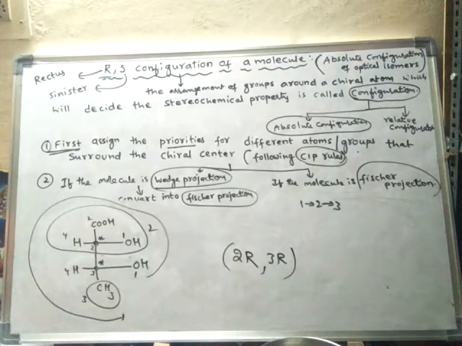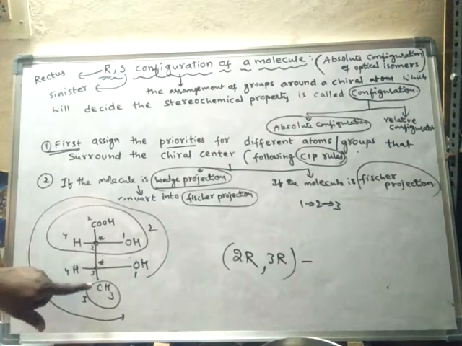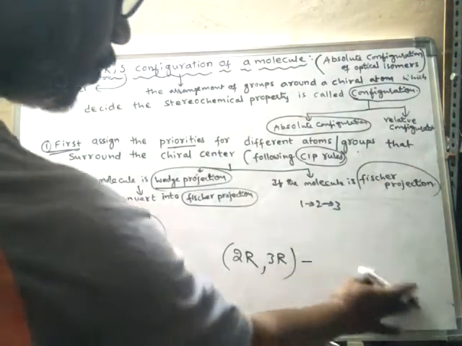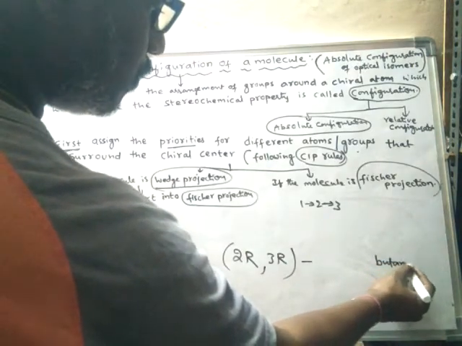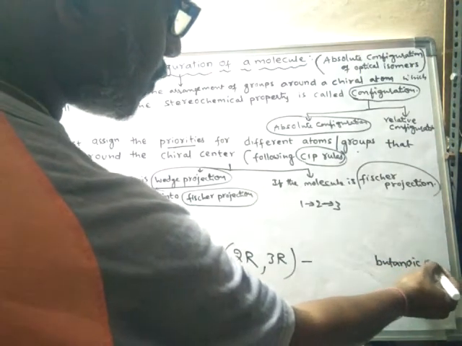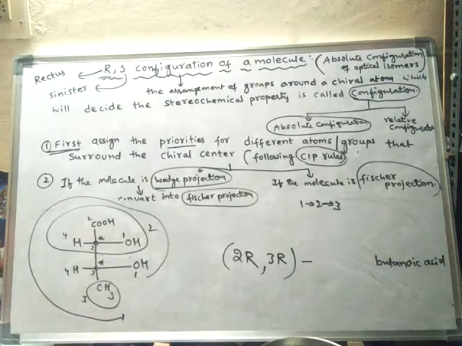Okay, so what is the name of this compound? Here 2R, 3R, and how many carbons are there? 1, 2, 3, 4. 4 carbons means butanoic acid, because the acid group is the most important, highest priority group. So butanoic acid.